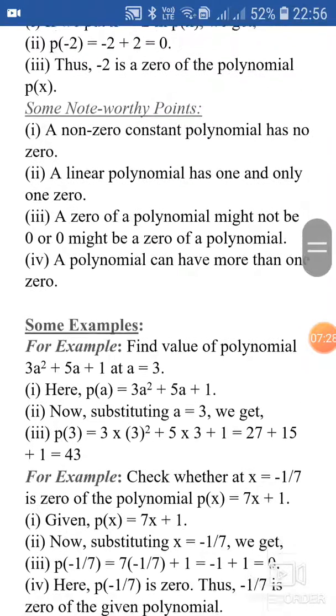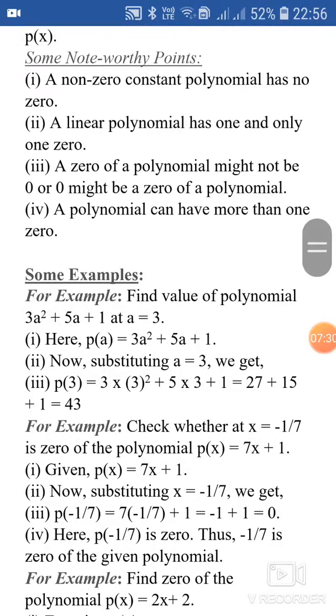So now some important points are there. That is, a non-zero constant polynomial has no zero. Second one, a linear polynomial has one and only one zero. And a zero of a polynomial may not be 0, or 0 might be a zero of the polynomial.